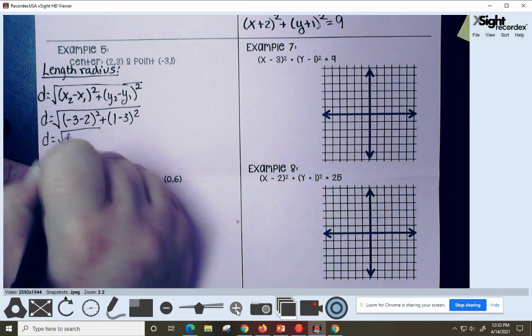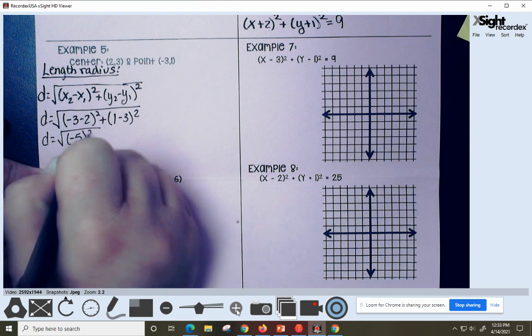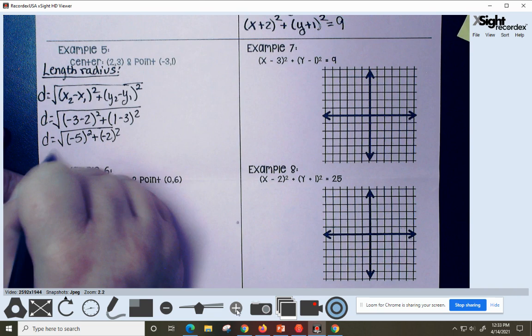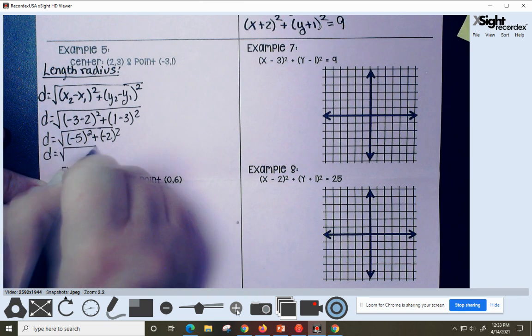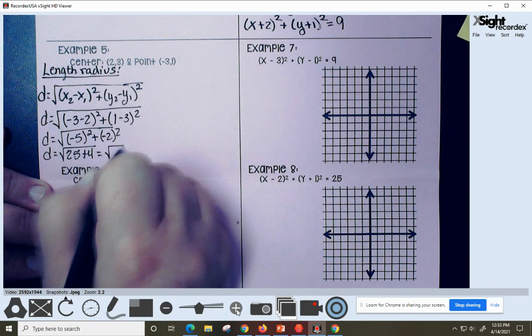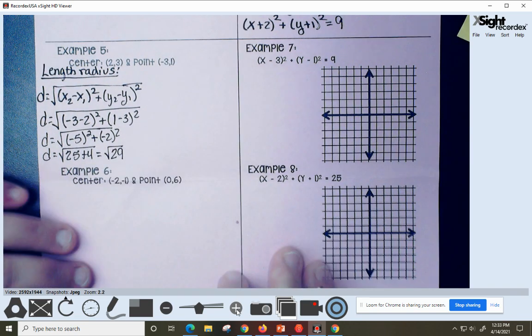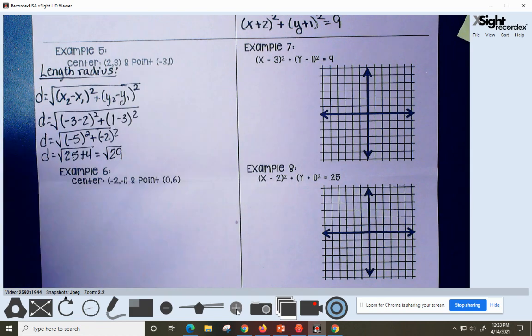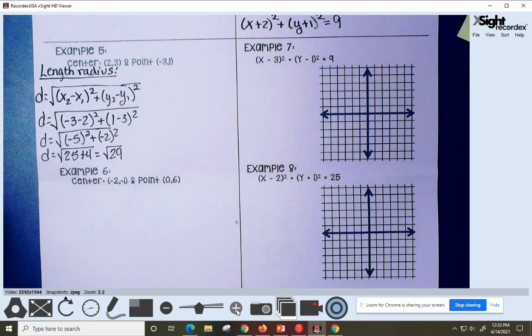So this is going to give me a negative 5 squared. This is going to give me a negative 2 squared. So this is going to be 25 plus 4, which is going to be the square root of 29. Don't do anything to it. Just leave it like that right there because I'm fixing to plug it back into my equation.